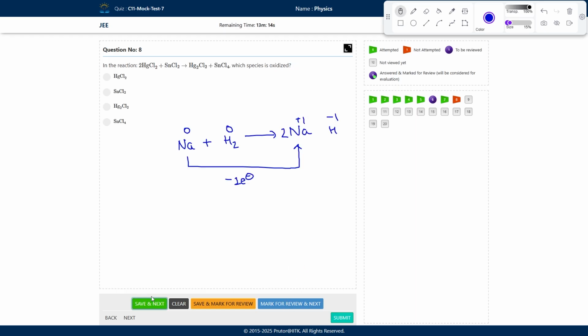Next question. In the reaction 2HgCl2 + SnCl2 gives Hg2Cl2 + SnCl4, which species is getting oxidized? So it's very easy. First of all, I will give -1 oxidation state to each chlorine because they are present in the combined state, and usually with the metals we get a -1 oxidation state.